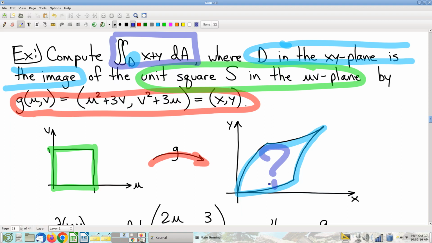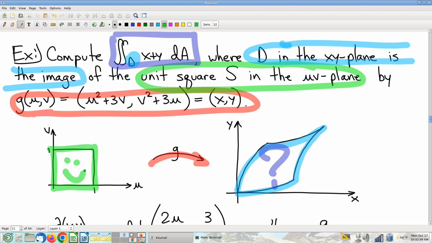So what we're going to do is the pullback concept. I'm going to take what I know about this expression on the right, rewrite everything, and turn it instead into an integral that happens on this domain. And I love this domain. It's a square. If I do an iterated integral on this, the bounds are zeros and ones.